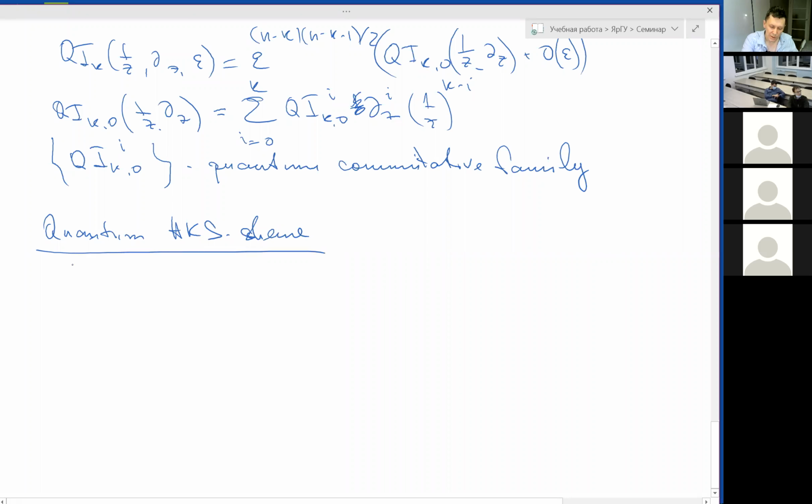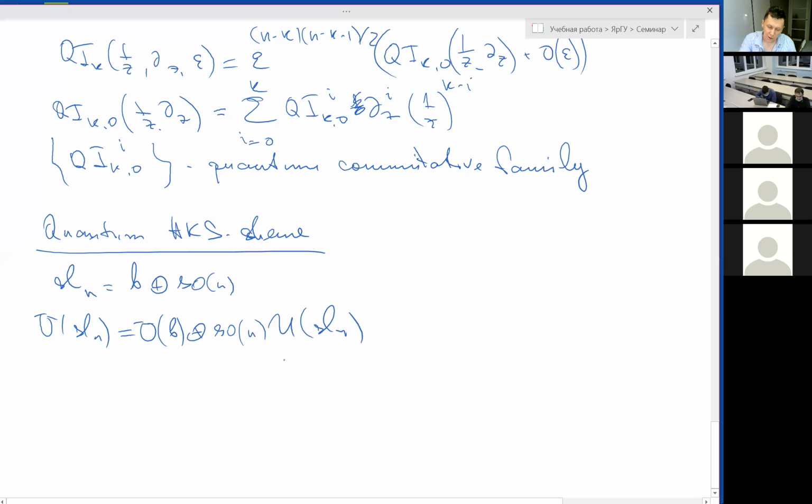I represent the Lie algebra SL_N as the sum of b and n, and U(SL_N) as U(b) plus n U(SL_N). To do this, I need to choose some normal ordering.